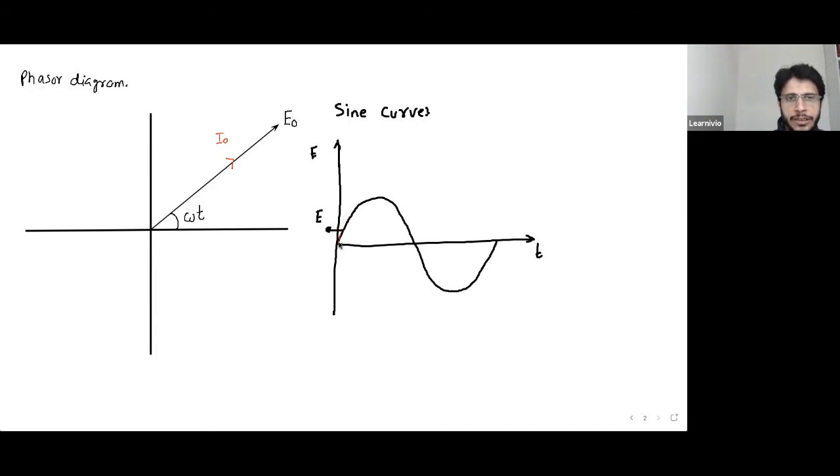For current, the variation is again sinusoidal, but the peak value of current could be different from the peak value of EMF. The first one is for EMF. The peak value of EMF is E naught. The second one is for current. The peak value of current here is I naught.